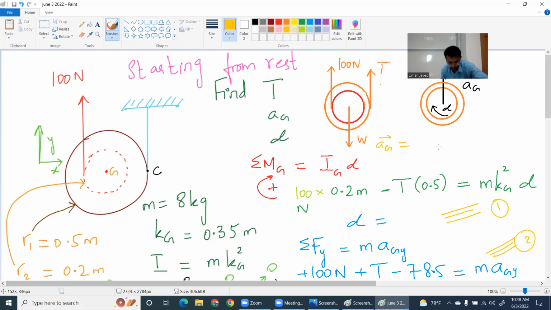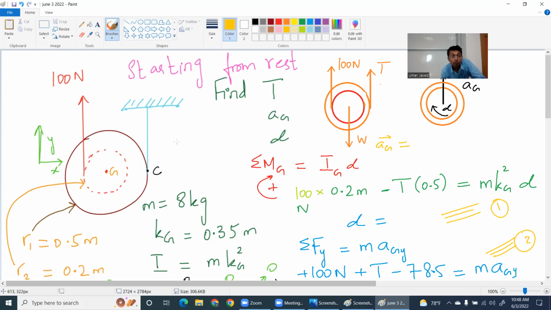One minute, let me answer his question. Sorry, Ahmed, you said, is it equal to alpha multiplied by R1 or R2? 0.2, which is R2. Is it R1? It's R1. That's why I was just waiting.